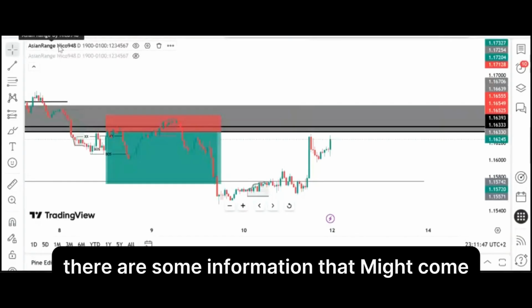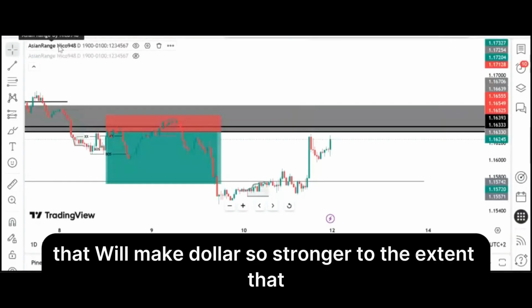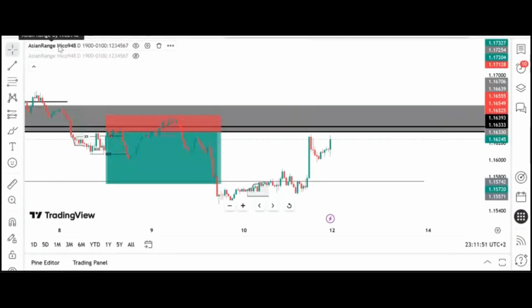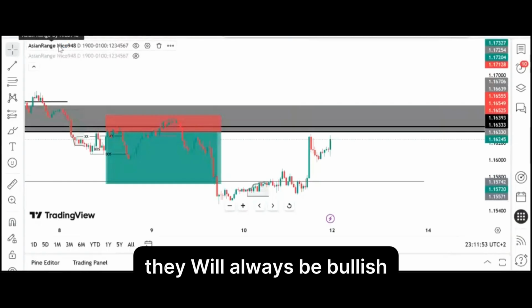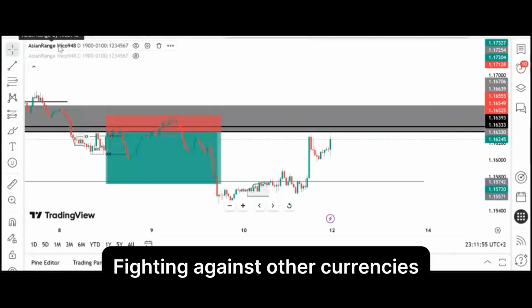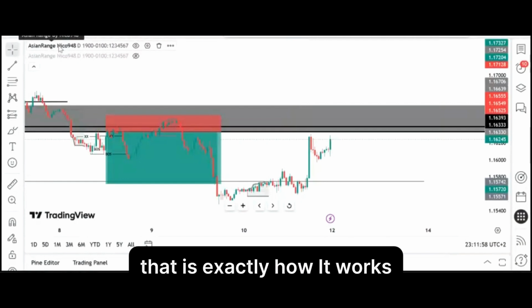Likewise, some information might make the dollar so strong that it will always be bullish, fighting against other currencies. So that is how it works.